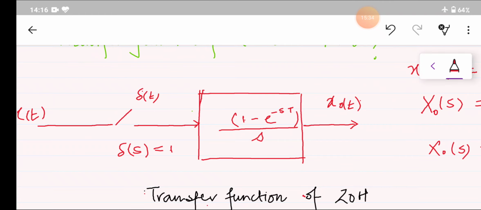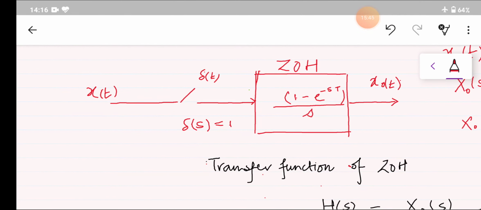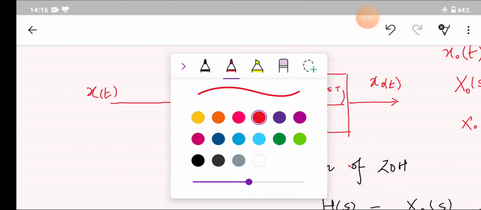So here you have the zero order hold circuit, 1 minus e to the power minus sT divided by s, and this portion is called the sampler.